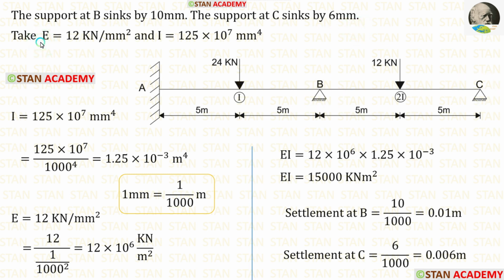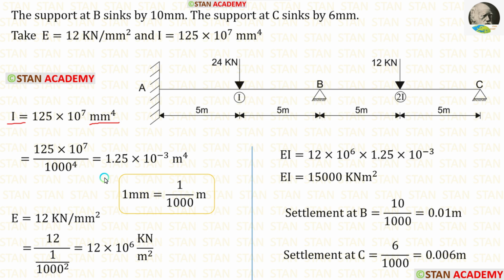The Young's modulus E is given as 12 kN per millimeter square and the moment of inertia is given as 125 into 10 power 7 millimeter power 4. The moment of inertia I is given in millimeter power 4.